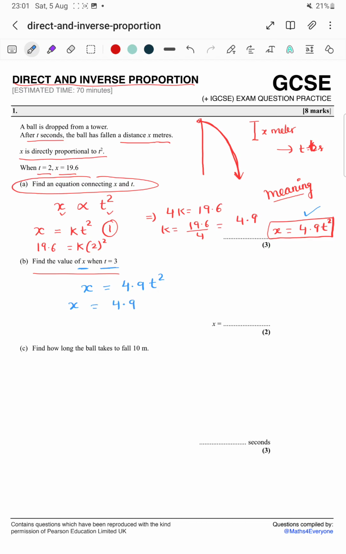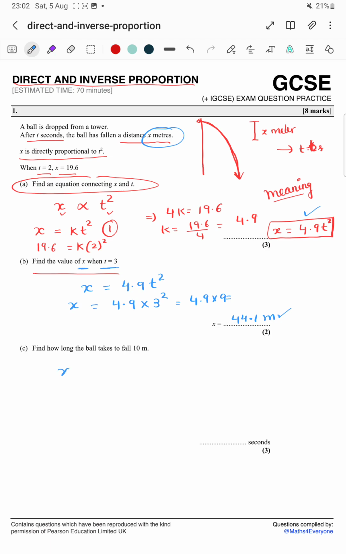So after 3 seconds how much distance will be covered? I will plug in the value of t as 3. So it will be 3 squared, which is 9, so 4.9 times 9, and that comes out as 44.1. Because it is a distance, we will give it in meters, as distance is given in meters here.